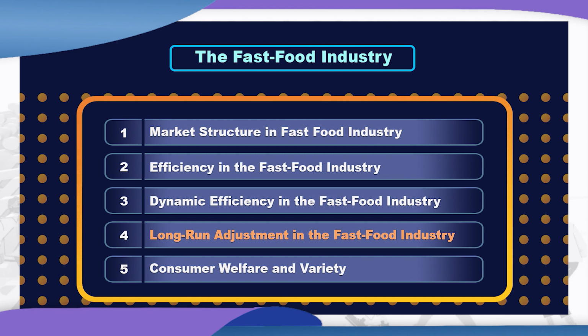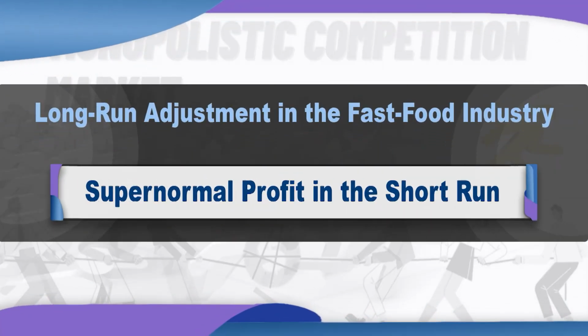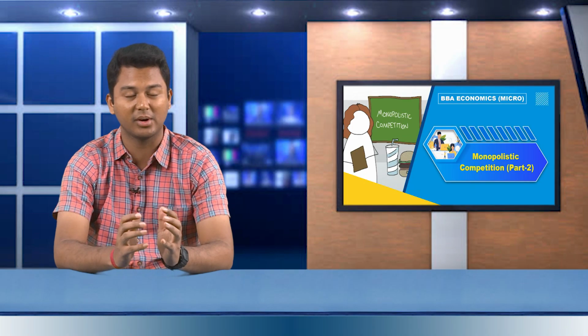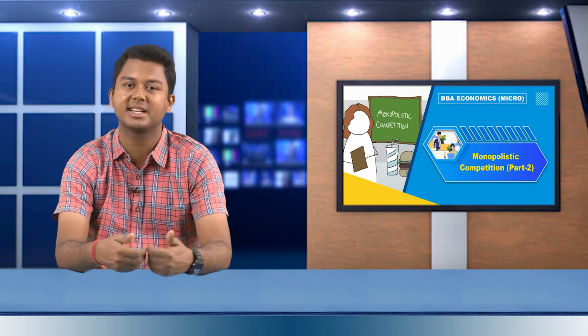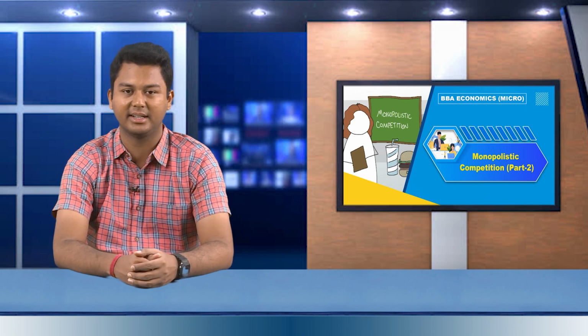Looking at the long run adjustments in the fast food industry, in the long run, the fast food industry, like other monopolistic competition markets, adjusts to normal profits. Supernormal profits in the short run: in the short run, these fast food chains can experience supernormal profit due to product differentiation and customer loyalty.